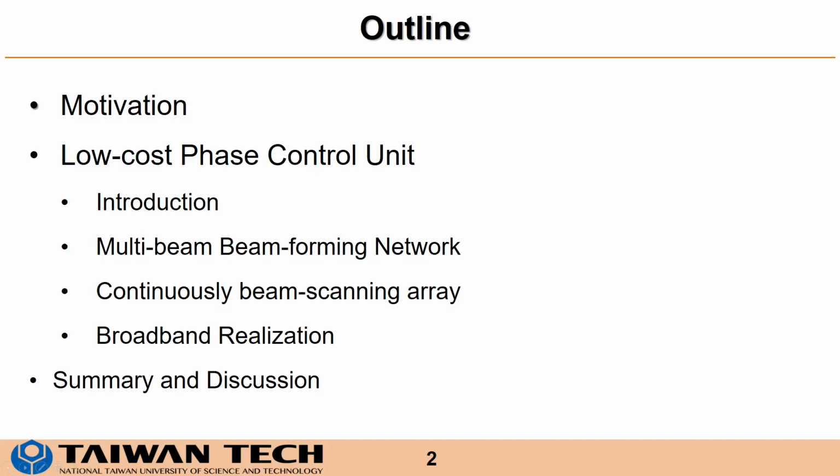Second, I will move on to look at the design concept of the local phase control units and system schematic of multi-beam beamforming network. Third, continuous beam scanning array and its broadband realization. And at the end, I will draw some conclusions about the research and put forward some ideas about the future work.